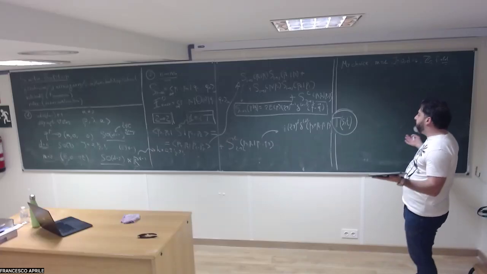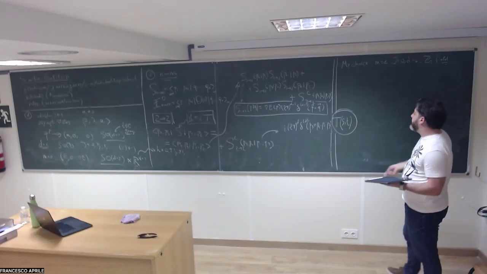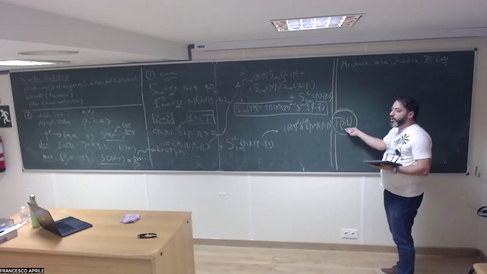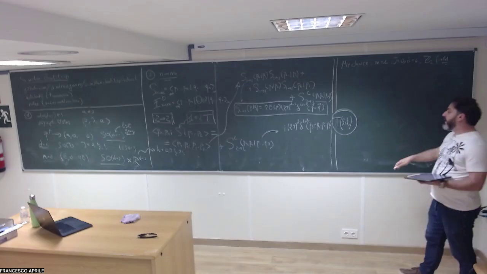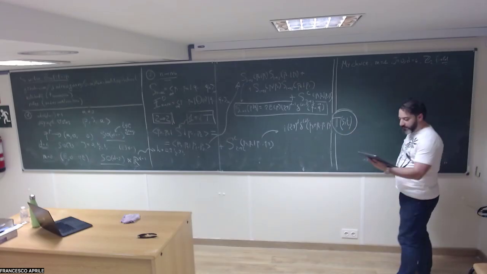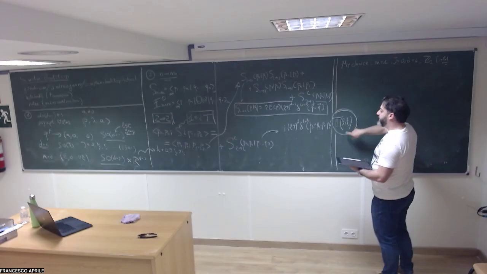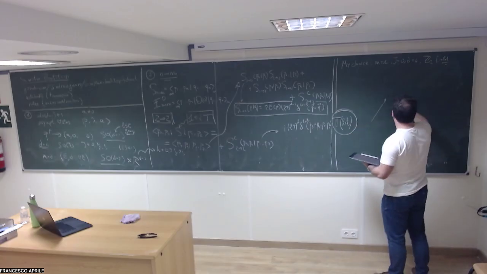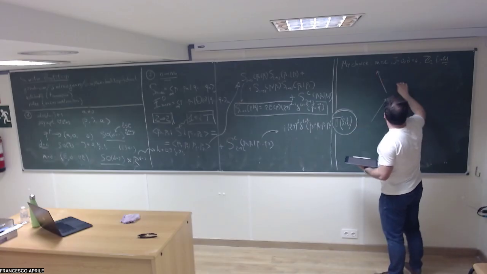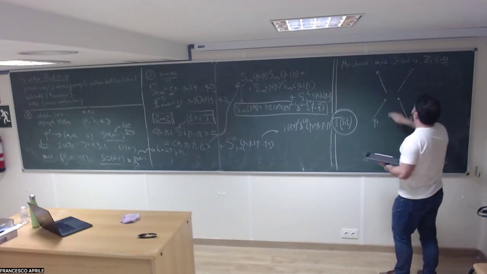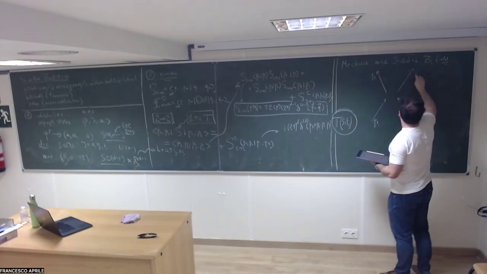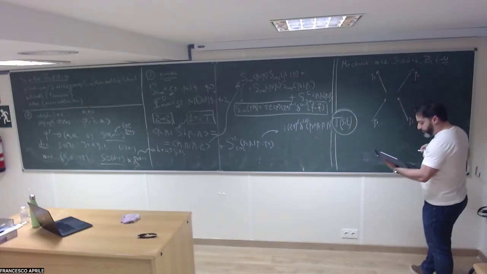Okay, so what is nice about 2-to-2 scattering is that, as I'm writing here, there are only 2 variables. You start with many momenta, but in the end it's a function of only 2 variables, S and T. So what are these S, T? They are usually defined in this way. You have 4 particles, with momenta P1, P2, P3, and P4.